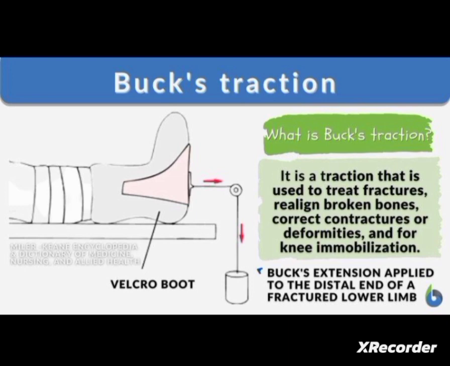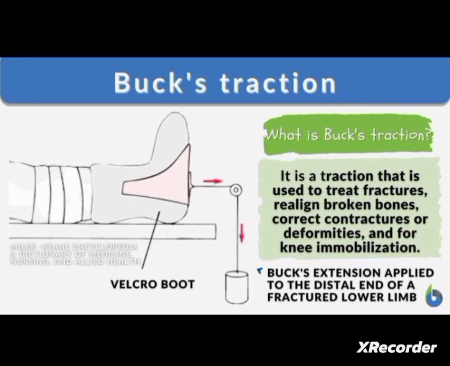It is used to treat fractures, realign broken bones, correct contractures or deformities, and for knee immobilization. Buck's extension is applied to the distal end of the fractured lower limb. So here you can see the picture of Buck's extension traction.